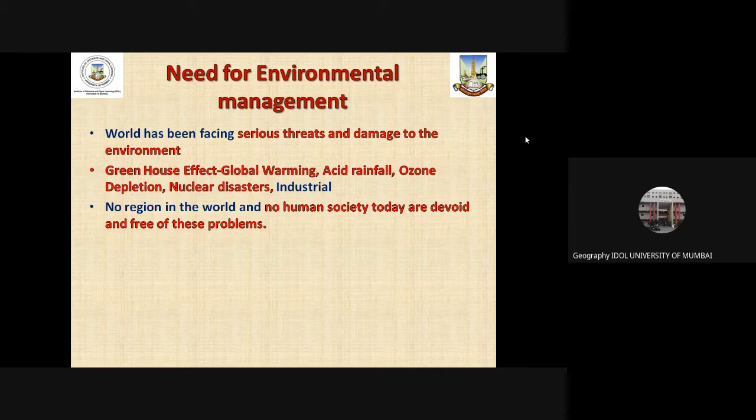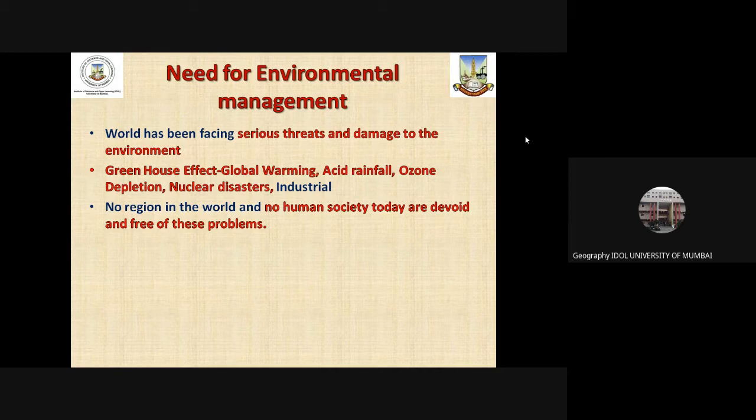It is important to note that the entire world, irrespective of region, society, or culture, is facing these environmental problems, and therefore no human society is left apart from environmental problems.